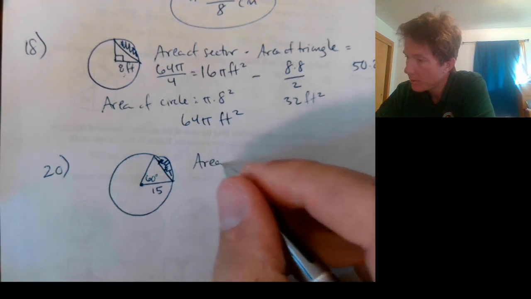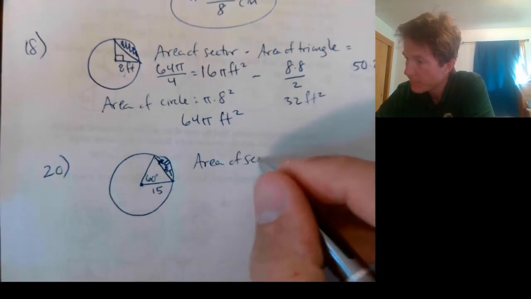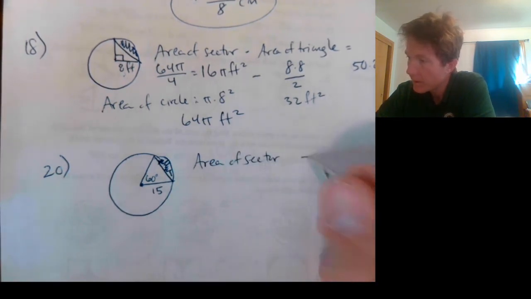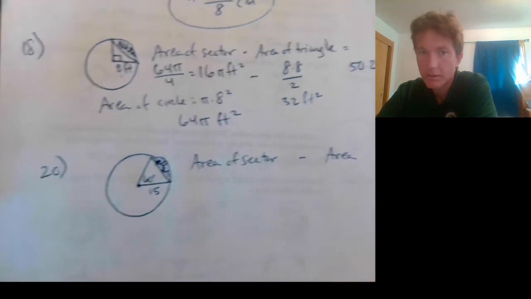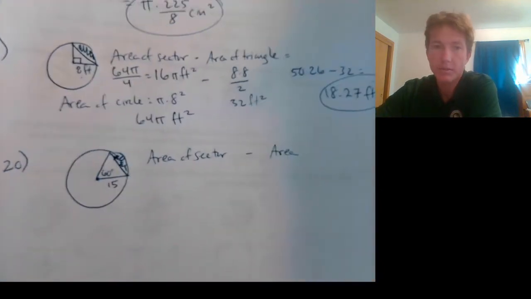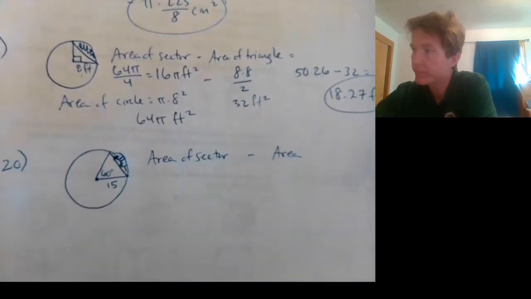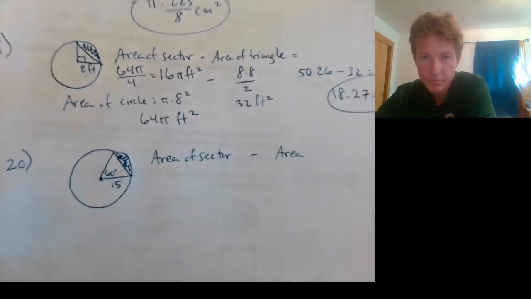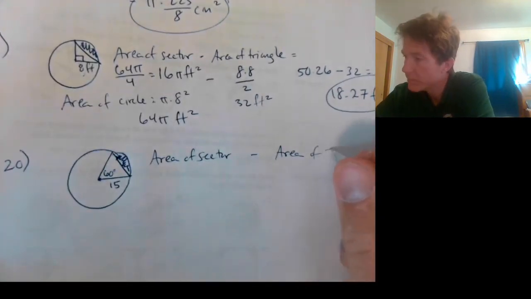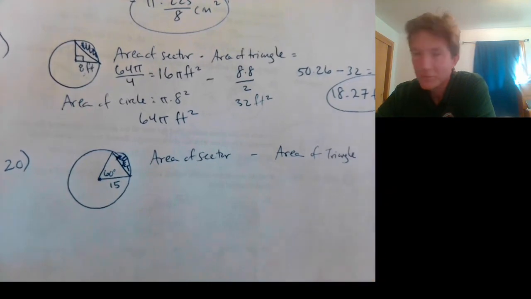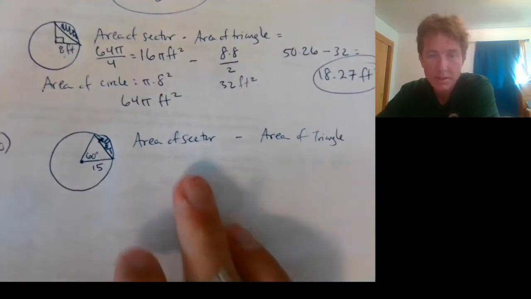So I'm going to do area of sector, and then I'll subtract the area of the triangle. Okay, the area of the sector should be easy to get.